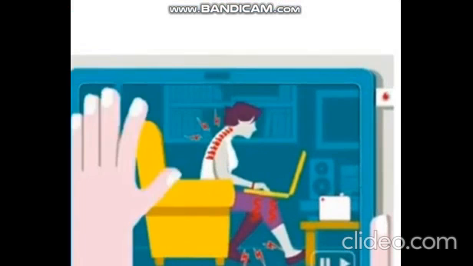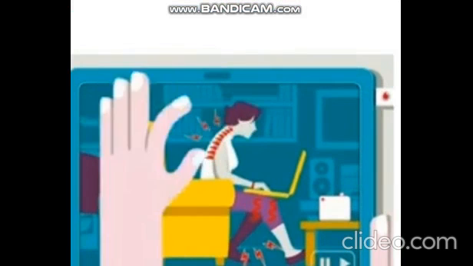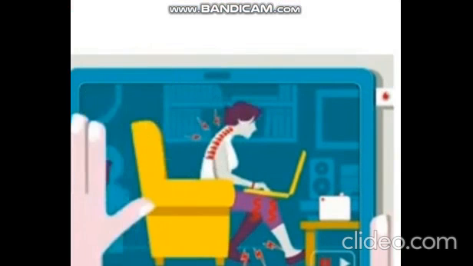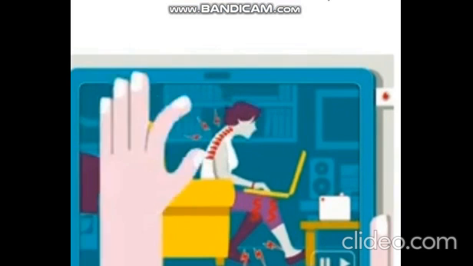And here you see how this lady is bending when she is working on her laptop, and how it should be straight.